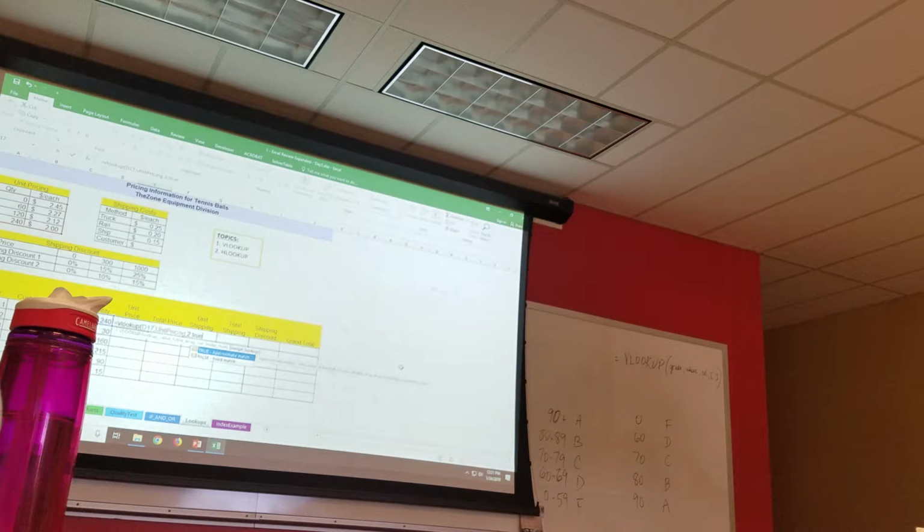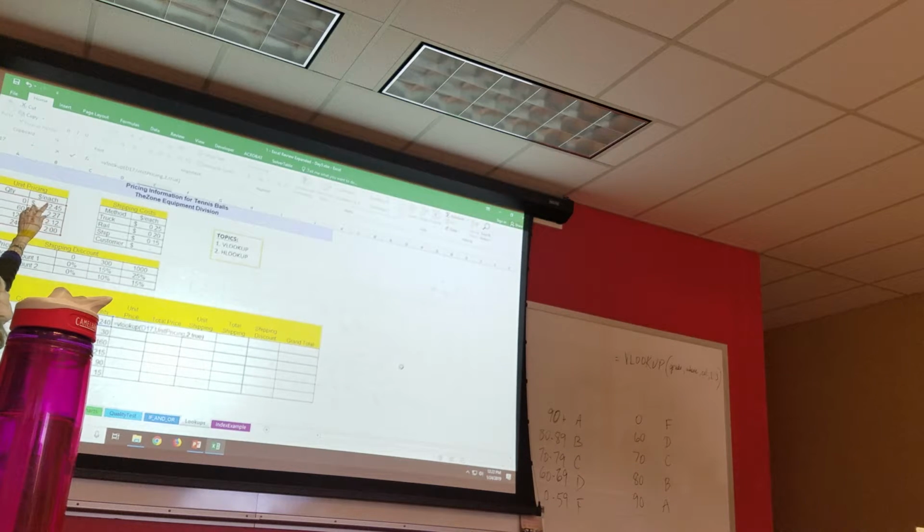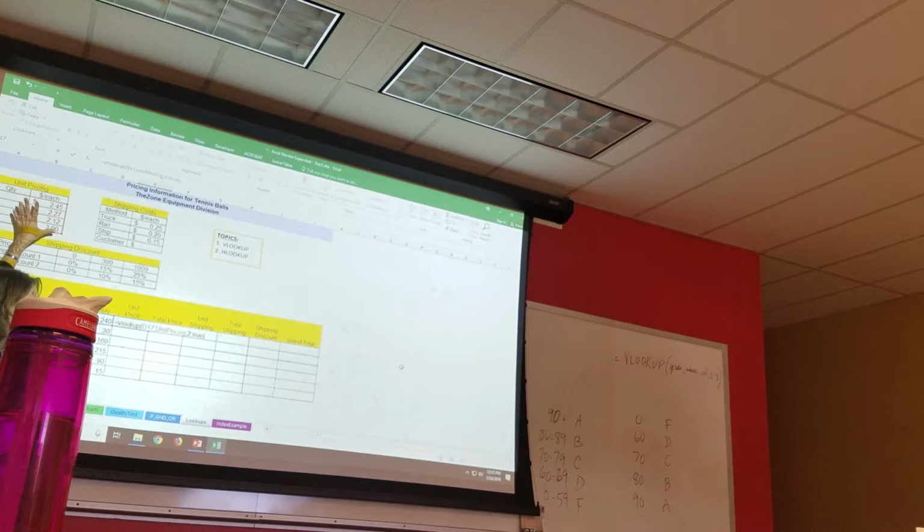Even though if I didn't type it in, it'd be the same, okay? But in this particular case, I kinda like to get in the habit of doing it. Looking at the quantity, in this table, the answer will be in the second column to match that. And it is an approximate range type match.